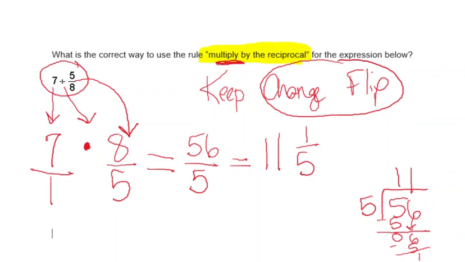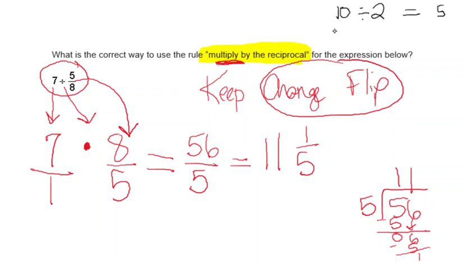If I were going to do another example here, I could say 10 divided by 2. And we don't have to use the multiply by the reciprocal rule here, but let's show how division is always equal to multiply by the reciprocal. We know 10 divided by 2 is 5.